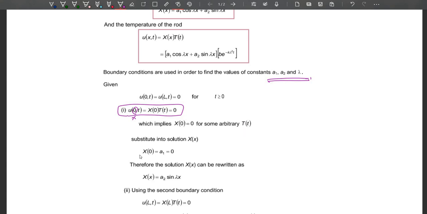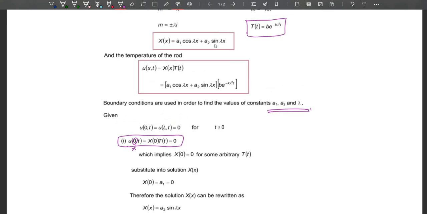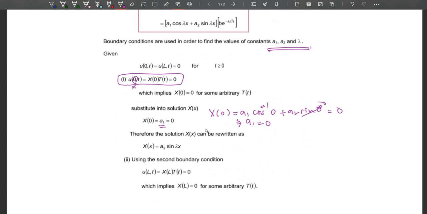We substitute into the solution X(x) = a1 cos lambda x + a2 sin lambda x. When x = 0, X(0) = a1 cos 0 + a2 sin 0. Since sin 0 = 0 and cos 0 = 1, X(0) = a1. Since X(0) = 0, a1 = 0. Therefore the solution can be rewritten as X(x) = a2 sin lambda x only, because a1 is 0.